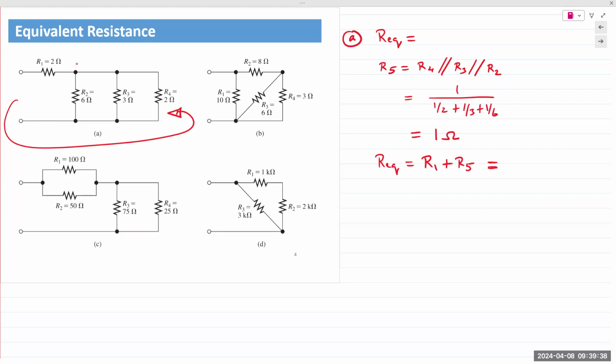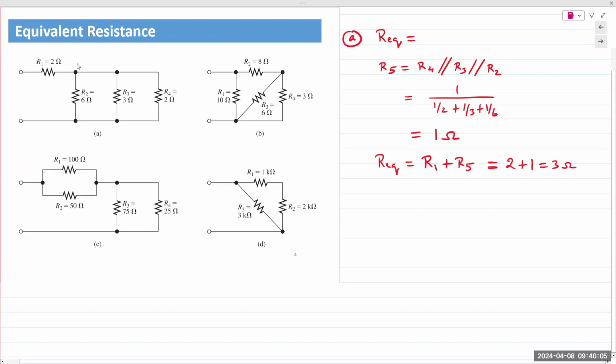When we reduce the 3 parallel connections into one, they are only connected at the top node with R1. It's a node with only 2 connections, so they are in series. So R1 plus R5 plus 1, 3 ohms. Now, I think students would easily be able to do C.